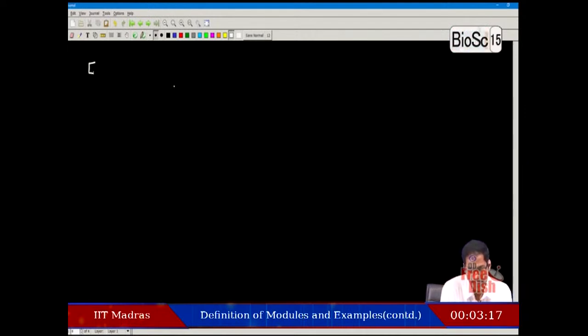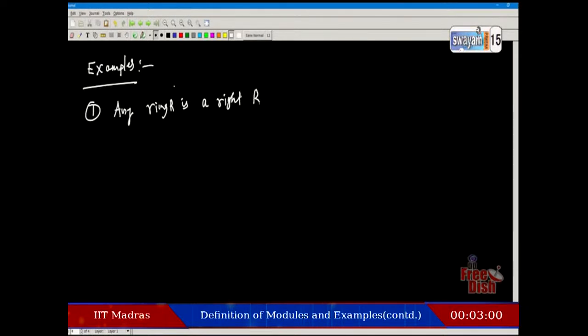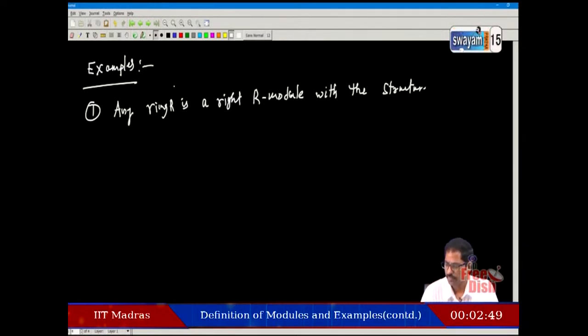Now let us look at various examples. The first example: any ring R is a right R module. How is the structure map defined?